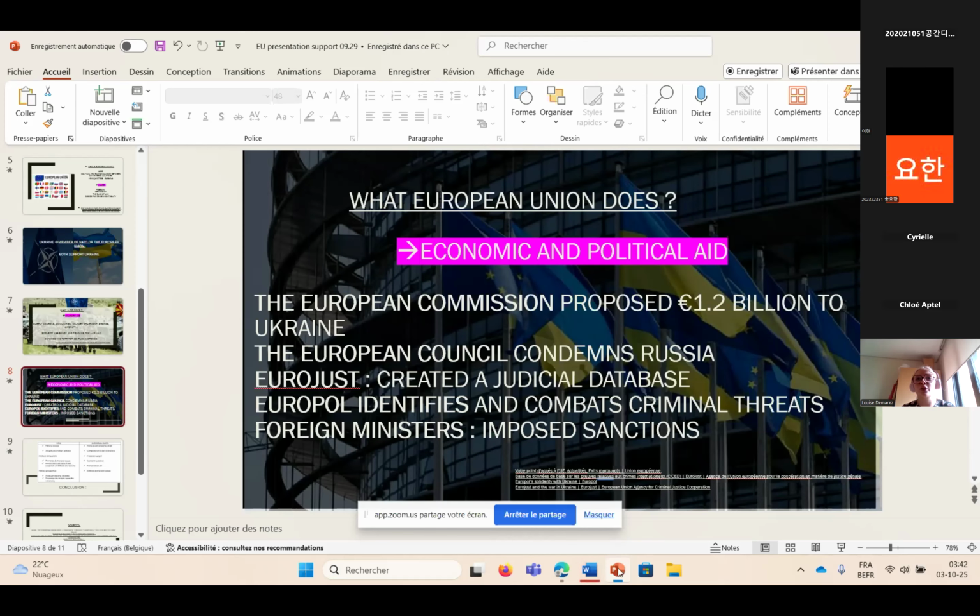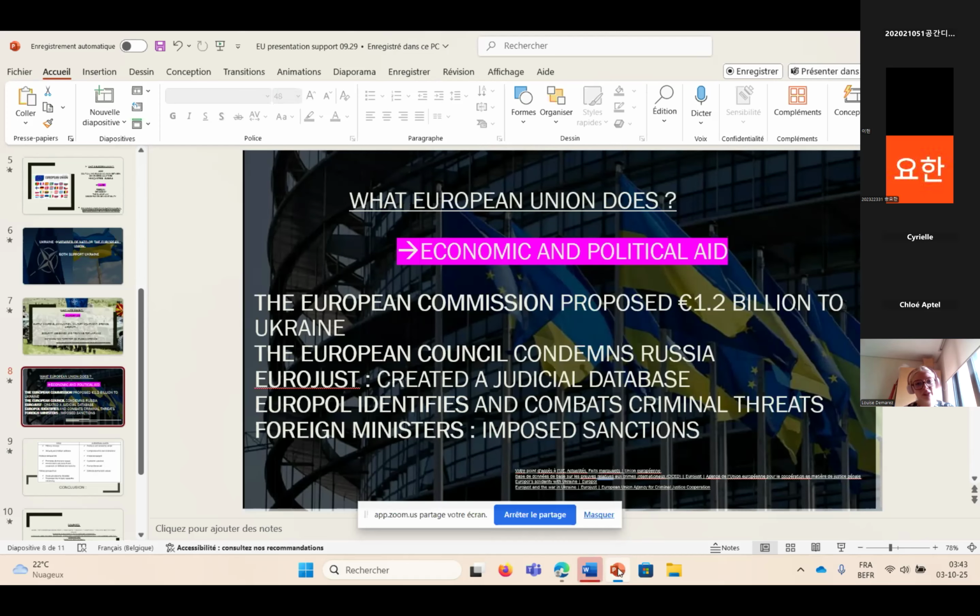The European Union is a regional, political, and economic organization, and Ukraine is not a member, but NATO helps Ukraine. NATO is a global organization that aims to maintain peace and coordinate humanitarian aid.